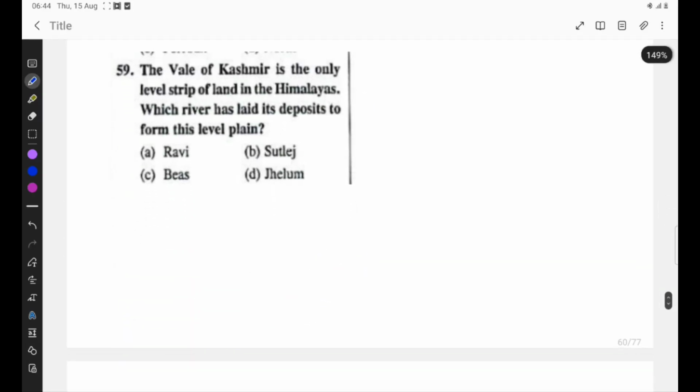The Vale of Kashmir is the only level strip of land in the Himalayas. Which river has laid its deposit to form this level plain? The answer is Jhelum.